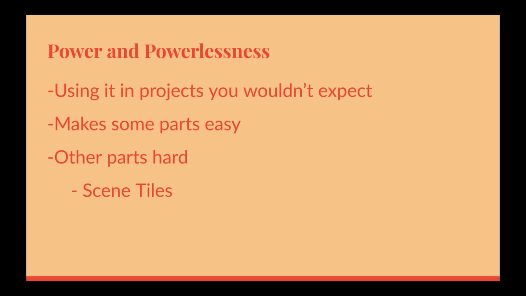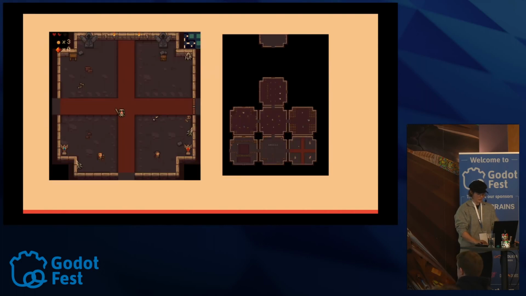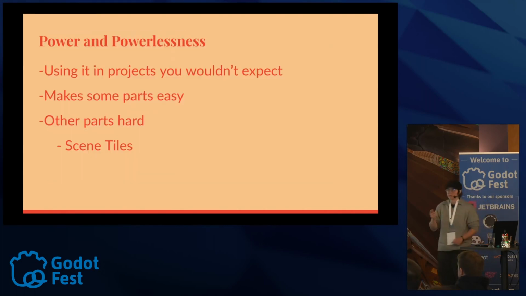So I'm sure you think, oh, using the tile map to set scenes, wow, that's so cool. But it actually makes things a little hard, because you can normally get a tile if you have the position, but not with scene tiles.